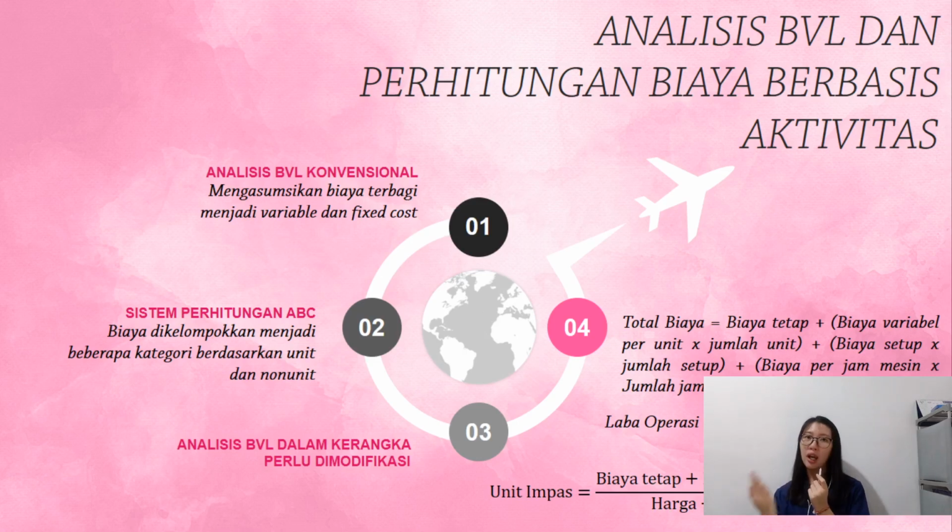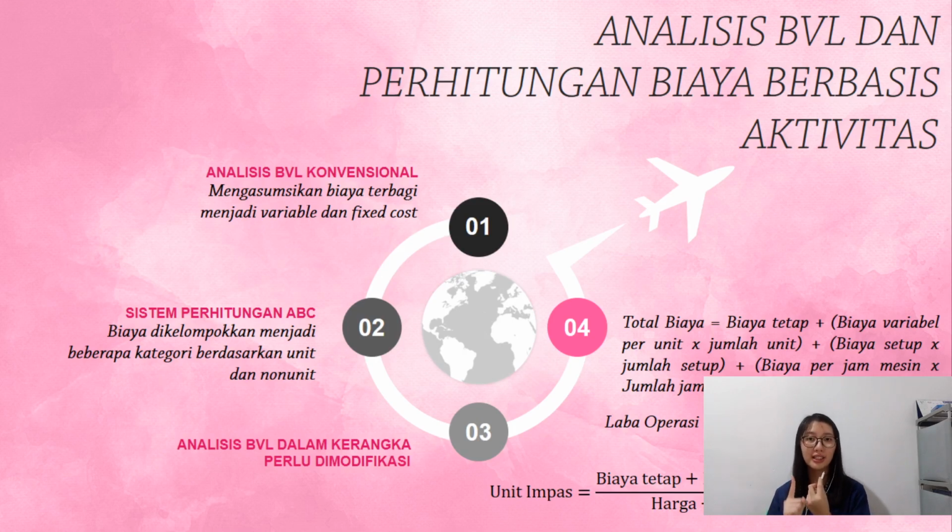That's why they came out with another theory, which is ABC costing. ABC costing categorizes the cost into many categories based on the cost driver. But it doesn't mean that ABC is better than the conventional CVP, because actually CVP analysis can be more accurate in one condition.